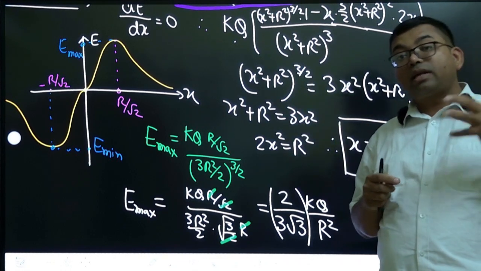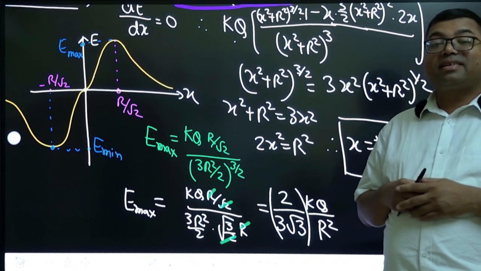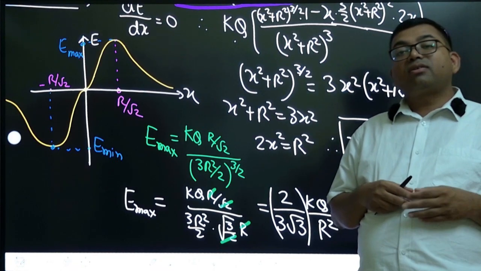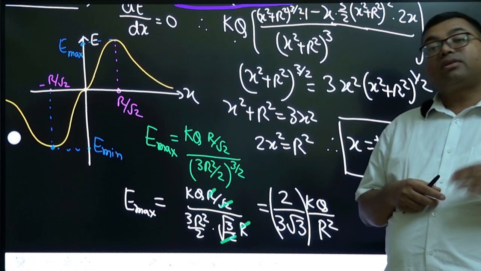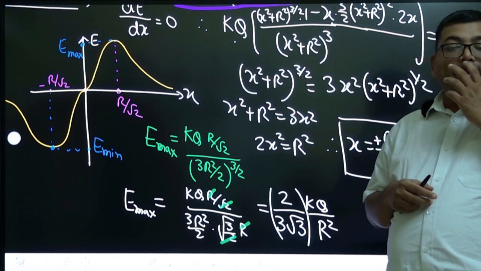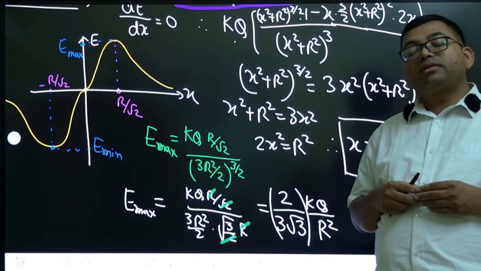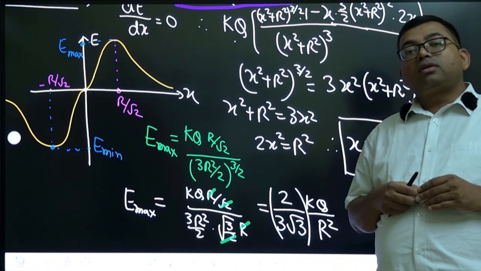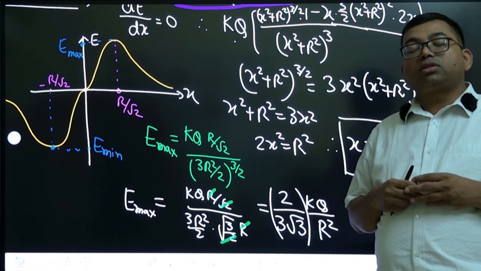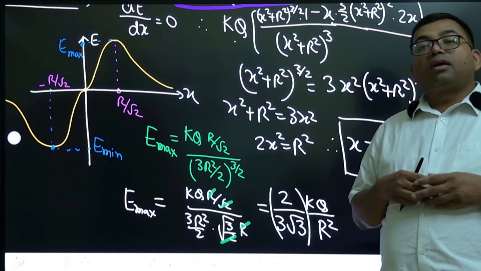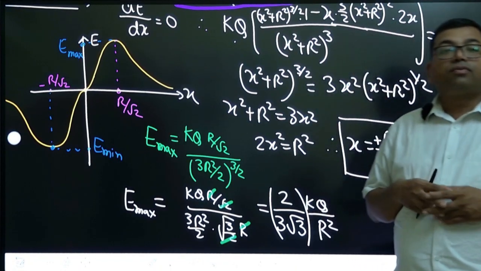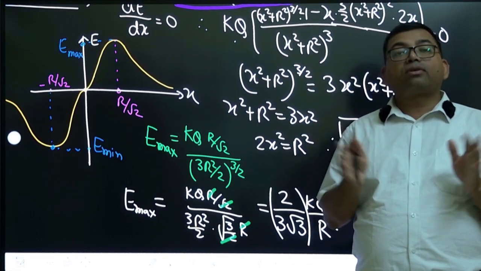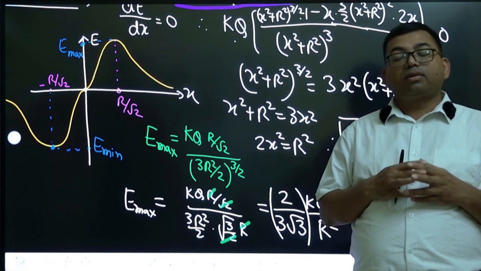Now this has got an application. What is the application? A very important application is there. For stable equilibrium and unstable equilibrium, that also we can calculate. Stable equilibrium means if you disturb the particle from that position, it will try to come back to that position. Unstable equilibrium means if you disturb the particle from that position, it will never come back, it will go away, right?